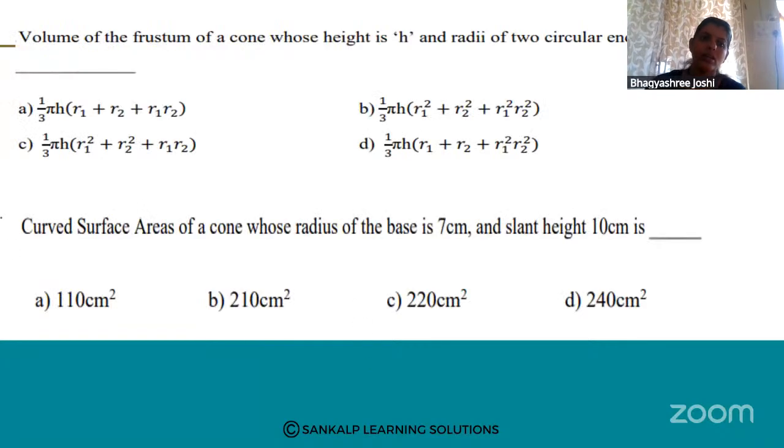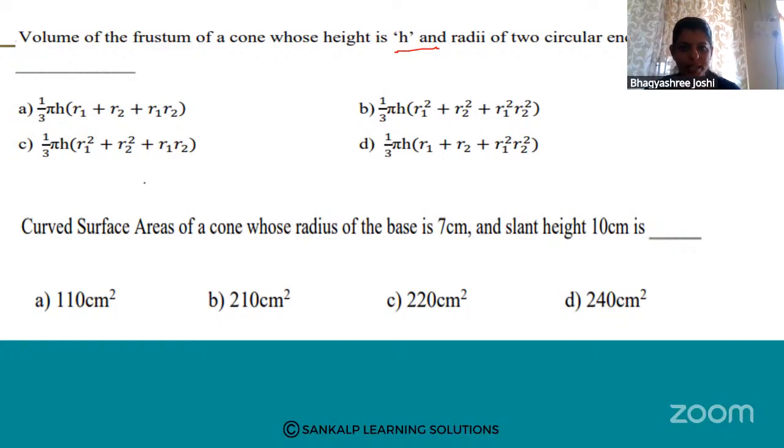Now, volume of the frustum of a cone whose height is h and radii of two circular ends are r1 and r2 is 1 by 3 pi h into r1 plus r2 plus r1 into r2, or 1 by 3 pi h r1 square plus r2 square plus r1 square into r2 square, or 1 by 3 pi h r1 square plus r2 square plus r1 into r2, or 1 by 3 pi h r1 plus r2 plus r1 square plus r2 square.